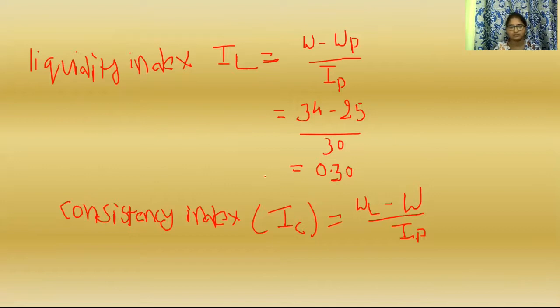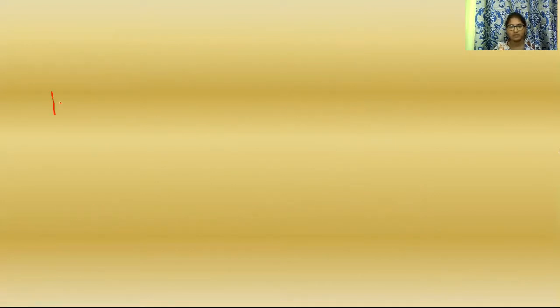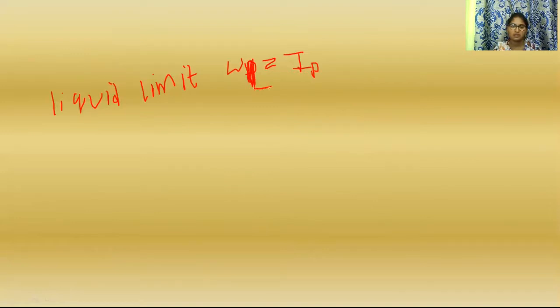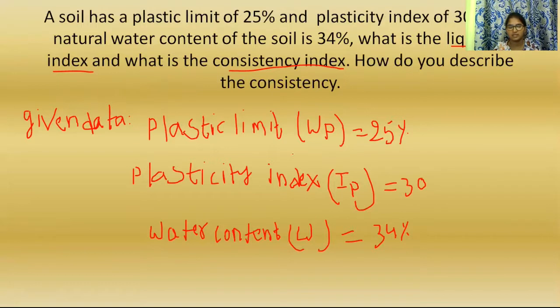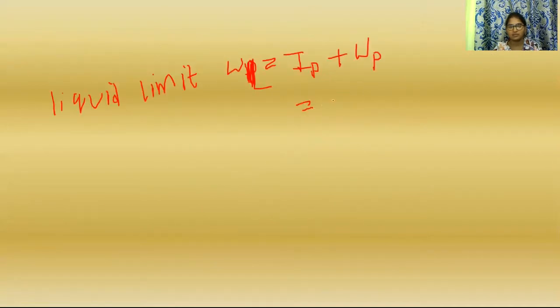To find the liquid limit, W L is equal to IP plus W P. Already we have the plasticity index and plastic limit. 30 plus 25, that is equal to 55.